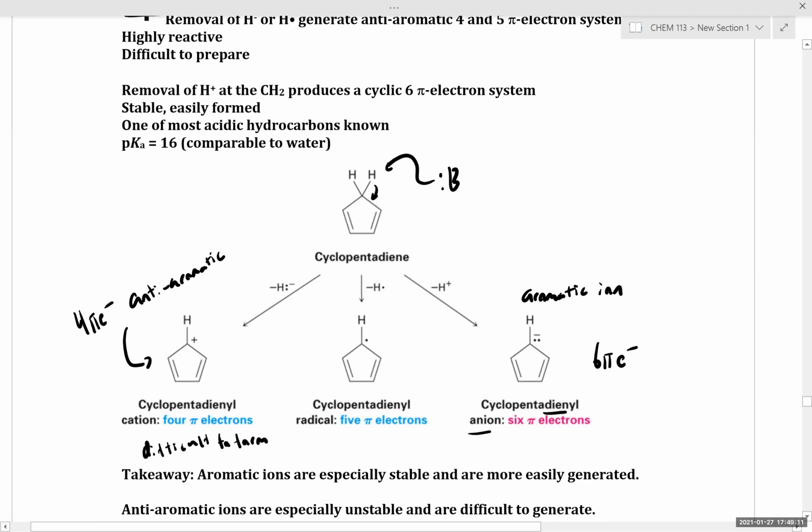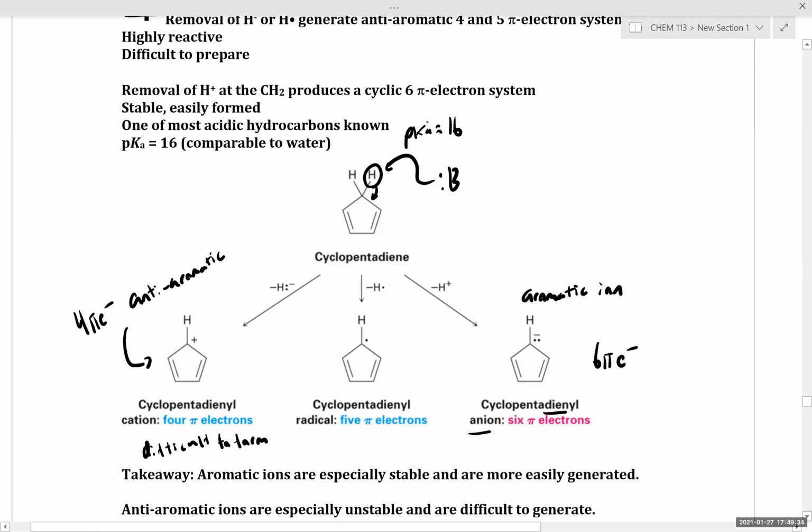So, because acid strength depends on the stability of our conjugate base, we can pretty clearly explain why cyclopentadiene is abnormally acidic. This proton has a pKa of somewhere around 16.